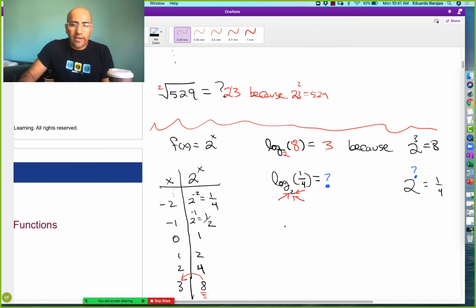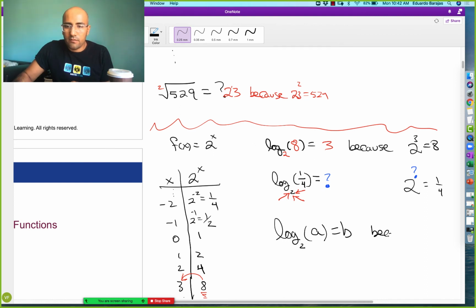In general, if we have a log function, log base 2 of some value, well, let's just say log base a of some value b, then the answer is b, and that's given that this means, right, because look at the pattern, it's this raised to that power equals this.